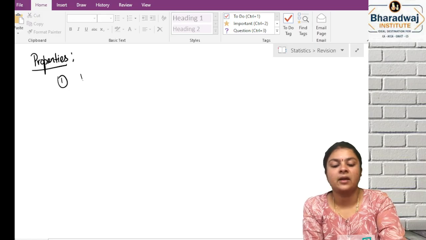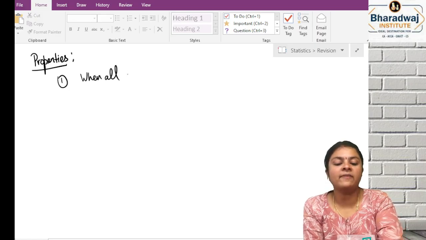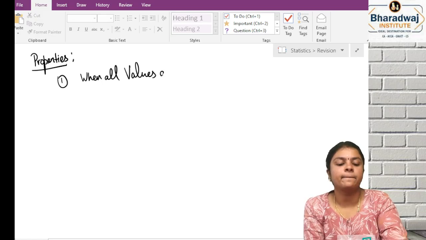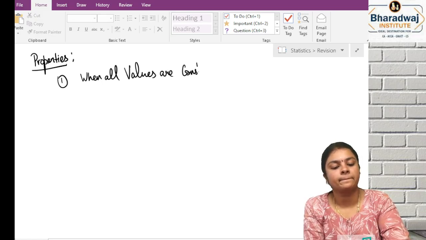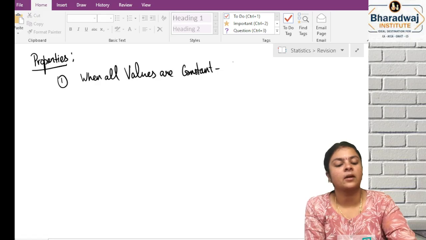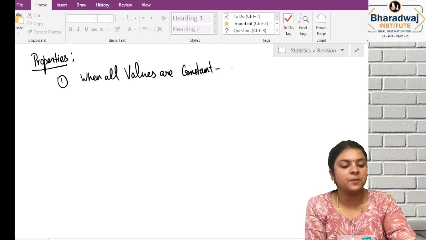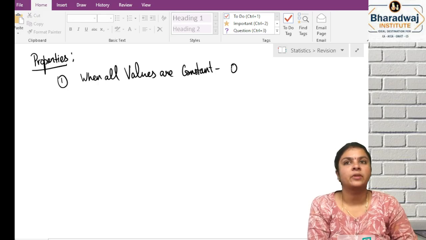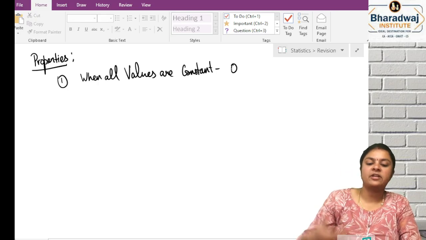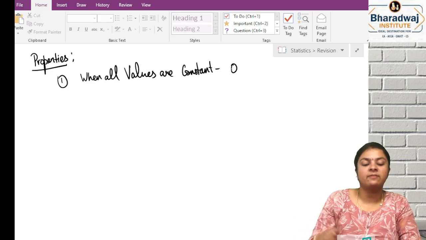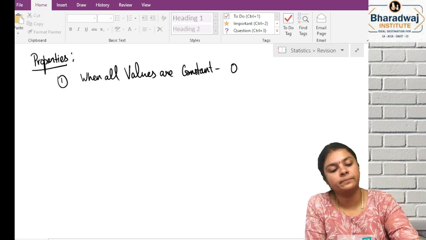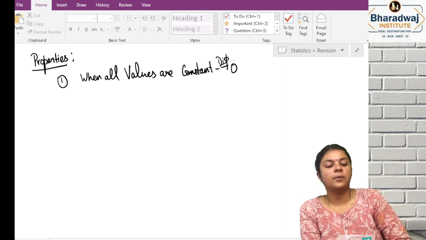First, when all values are constant, the measure of dispersion is 0. So mean deviation, standard deviation, quartile deviation, range, everything will be 0. Dispersion is equal to 0.